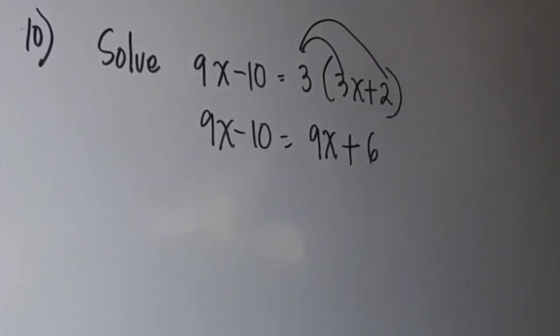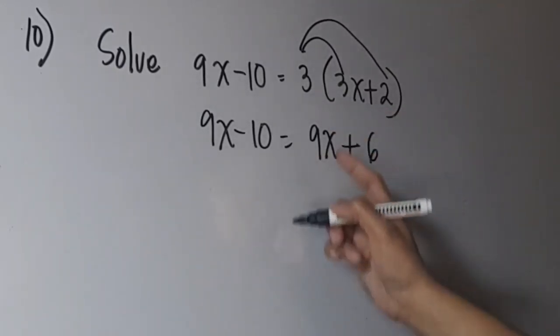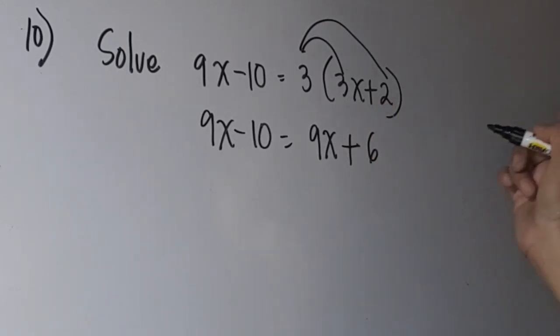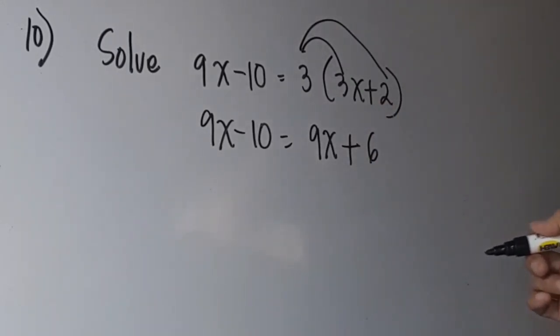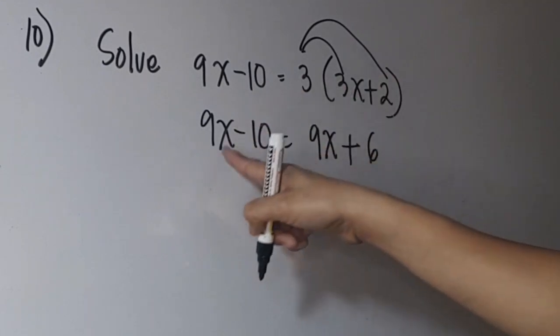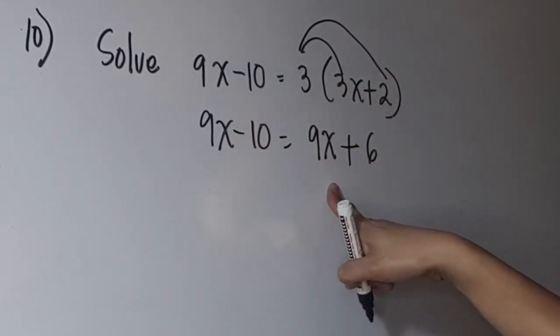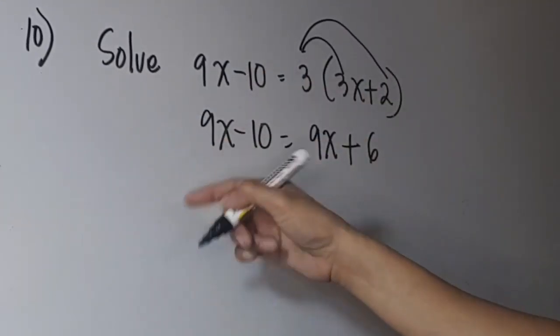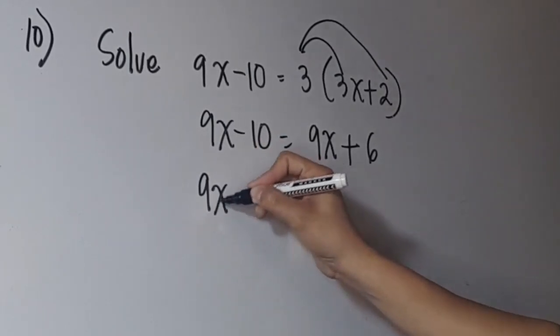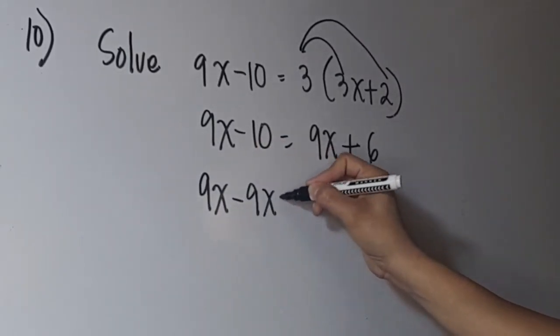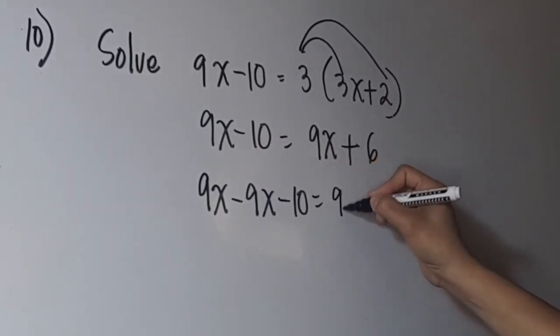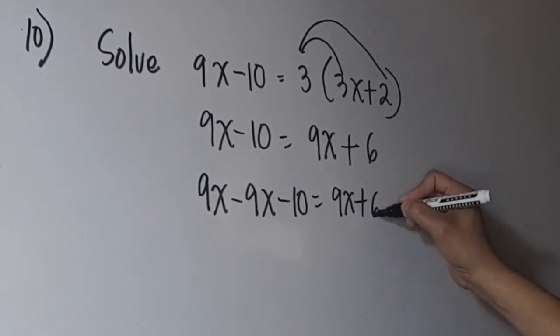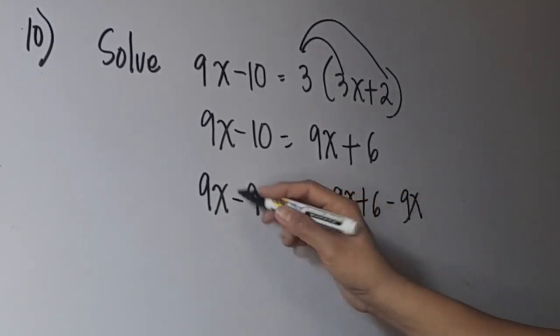Okay? Now, so we are going to collect the variable on the side which has a greater coefficient. Pero pareha silang 9x. So, we have 9x minus 9x minus 10 equals 9x plus 6 minus 9x.